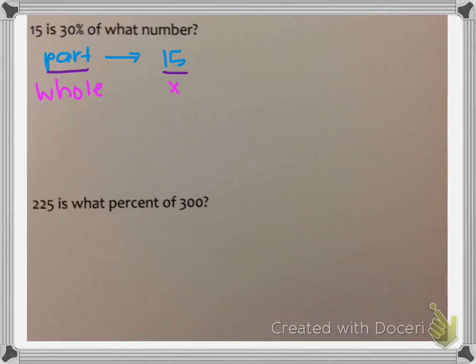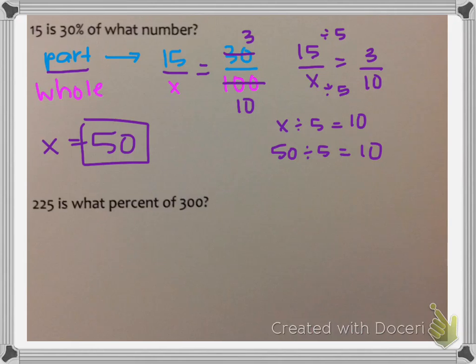So 15 over x equals 30. 30 is the part. And then percent is always out of 100, so 100 is the whole. Now I have my proportion and I can solve. Why don't you pause, solve it, and then press play to check. 15 is 30% of 50.